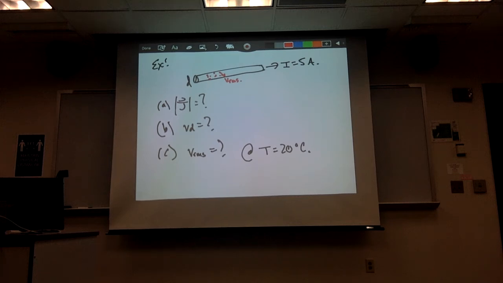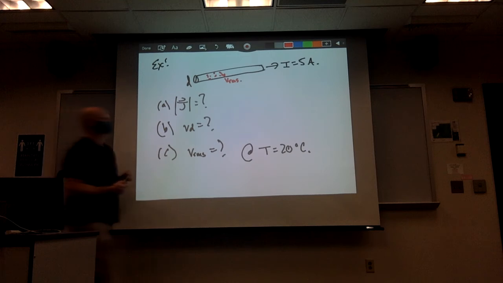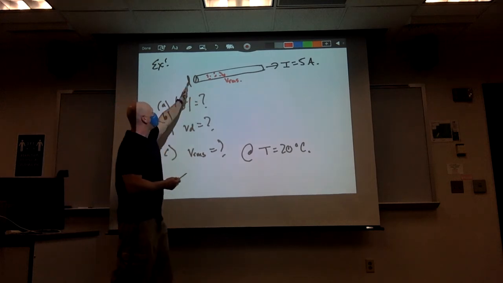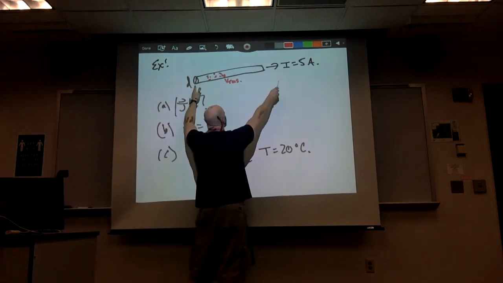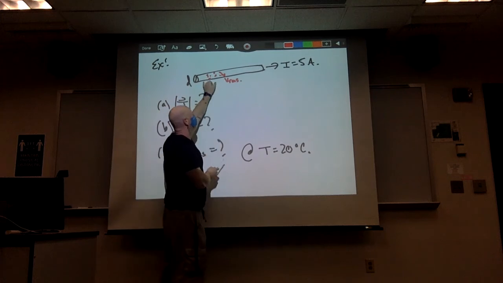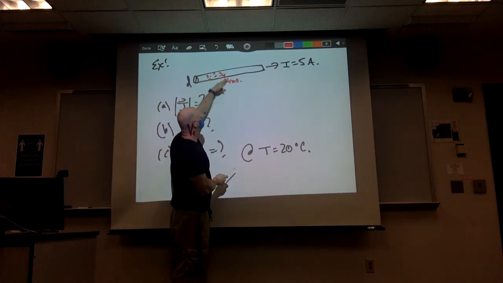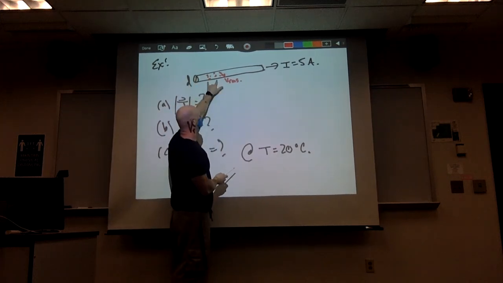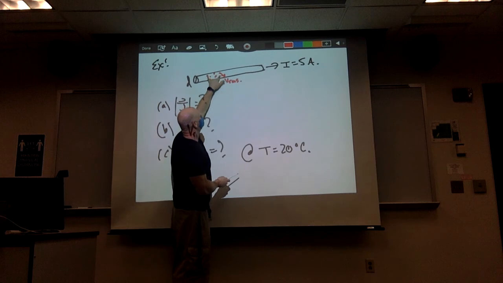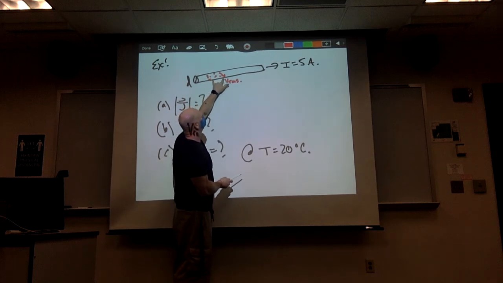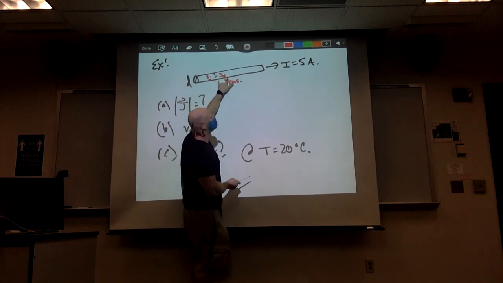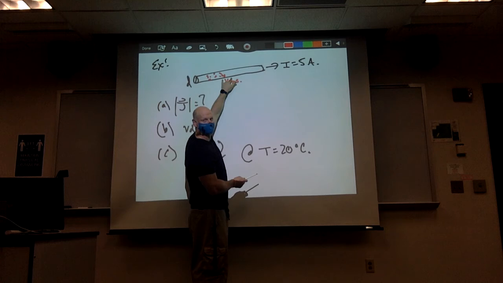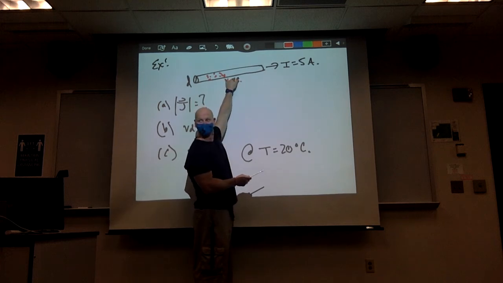They're flying around in all kinds of strange directions. Now, when I apply my potential difference across this to create the current, this section of electrons, each moving in a different direction, will slowly be pushed down the length of the wire at an average rate of 0.05 millimeters per second.